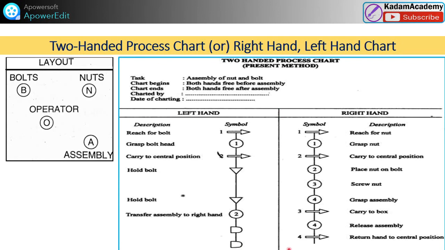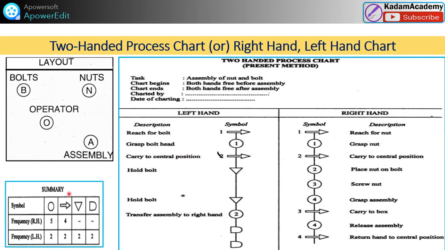The left hand side, this is the right hand side. The description, these are the symbols, and this is the flow. For the right hand side, this is the description, these are the symbols. First, second, third, fourth. How many operations are done? Operations are shown by the circle, and these are the symbols. Okay, for the transportation, this symbol is represented here, and how much time?